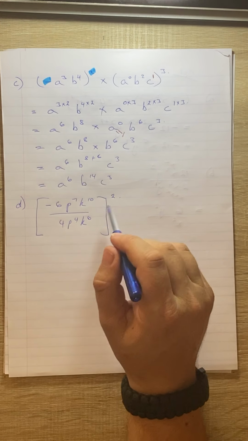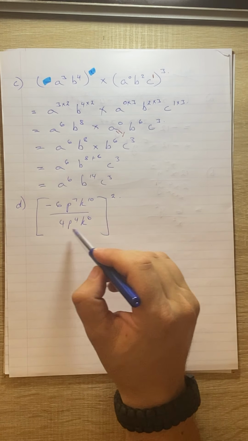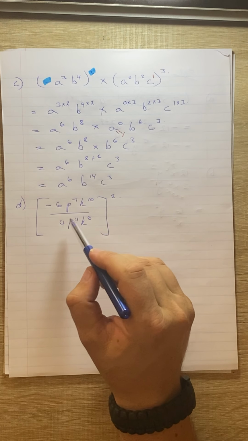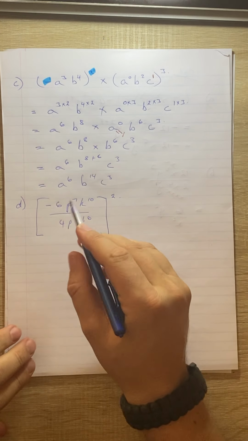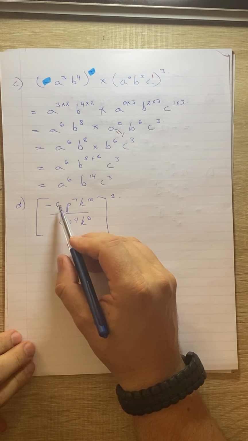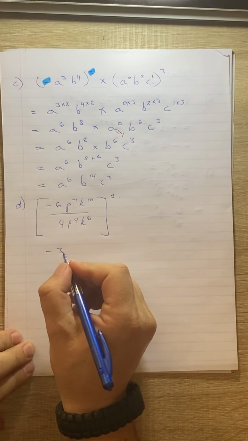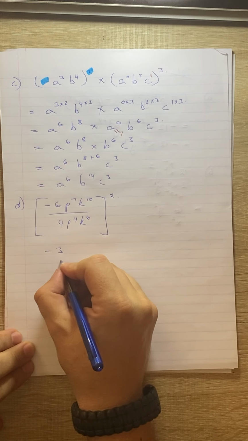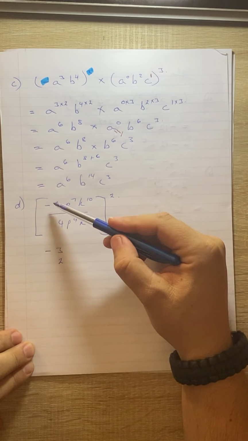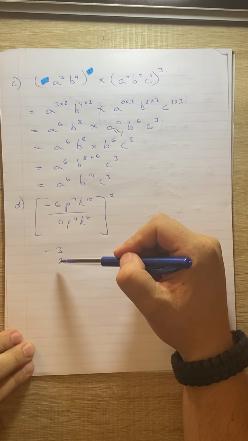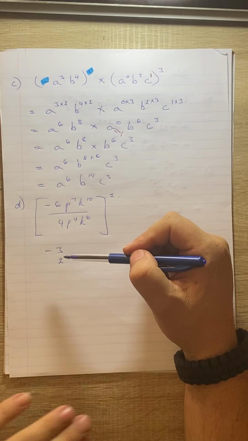So what I'm going to do first is I'm going to simplify what's inside this bracket, okay? So first of all, we know that 2 can go into 6 3 times, 2 can go into 4 twice. So that minus 6 over 4 simplifies to be minus 3 over 2.